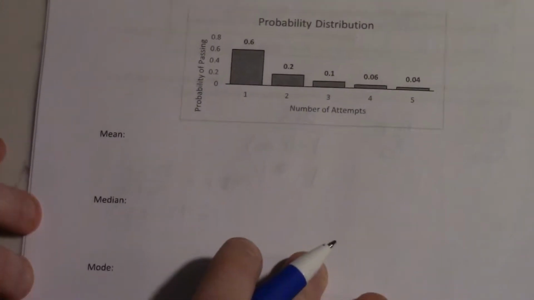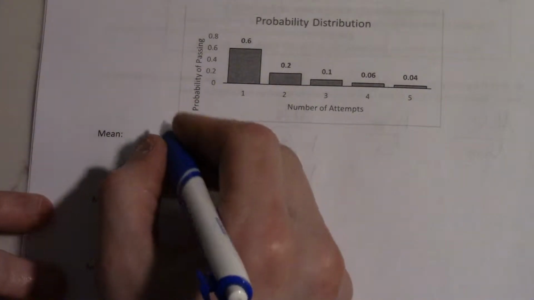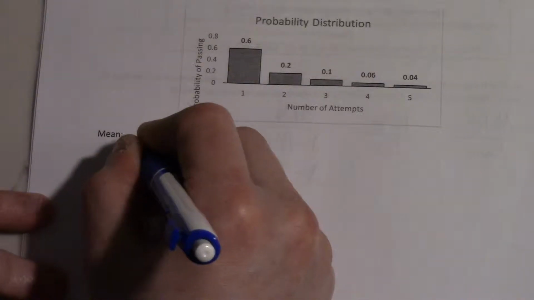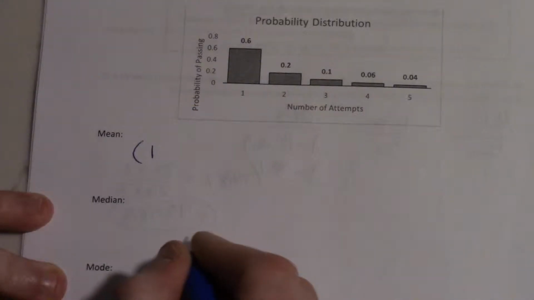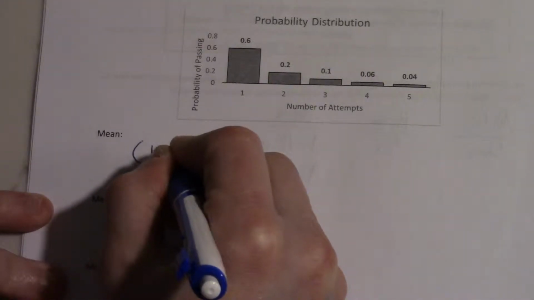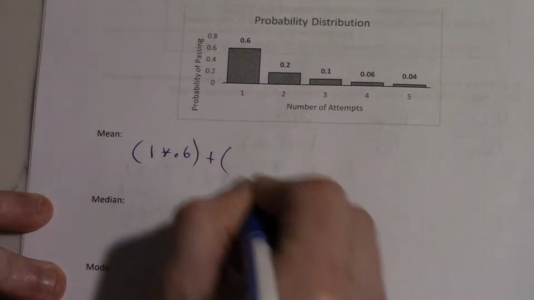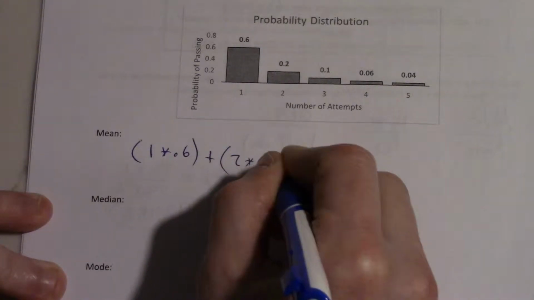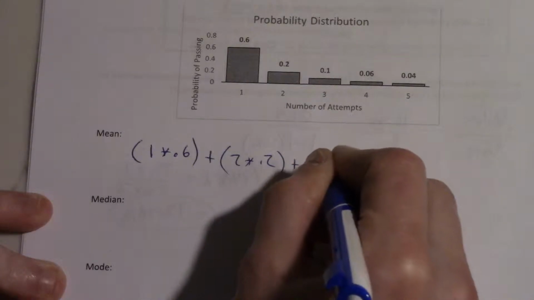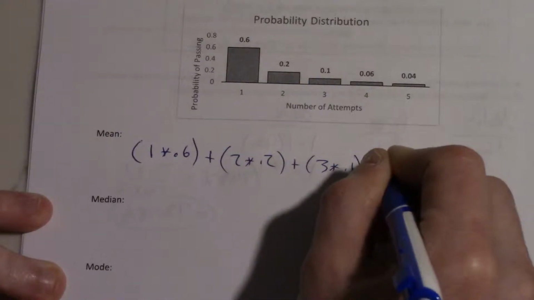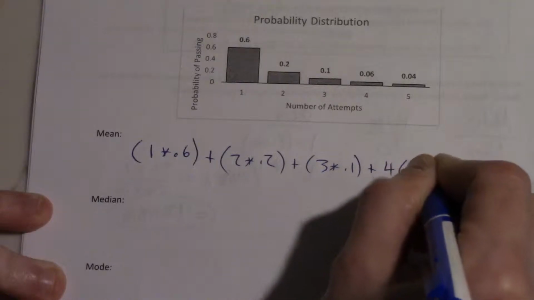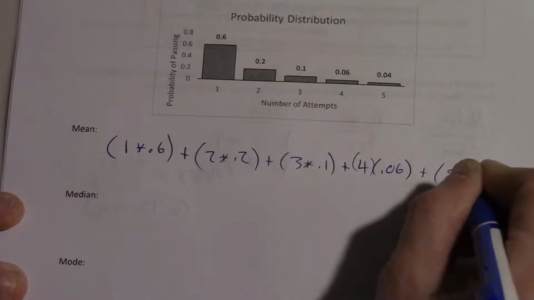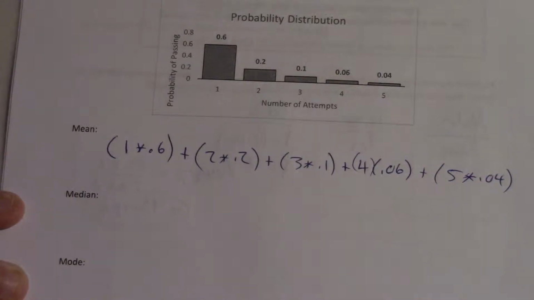So if we want to find the mean, we can use the new formula. So that says take each of your values, so we start with 1, times its probability, times 0.6. And we add up all of them. So 2 times 0.2, plus 3 times 0.1, plus 4 times 0.06, plus 5 times 0.04.